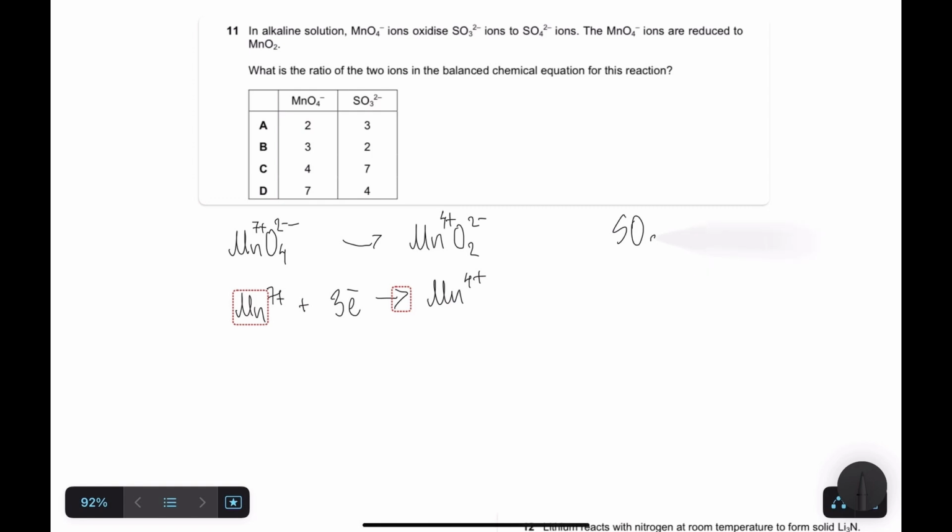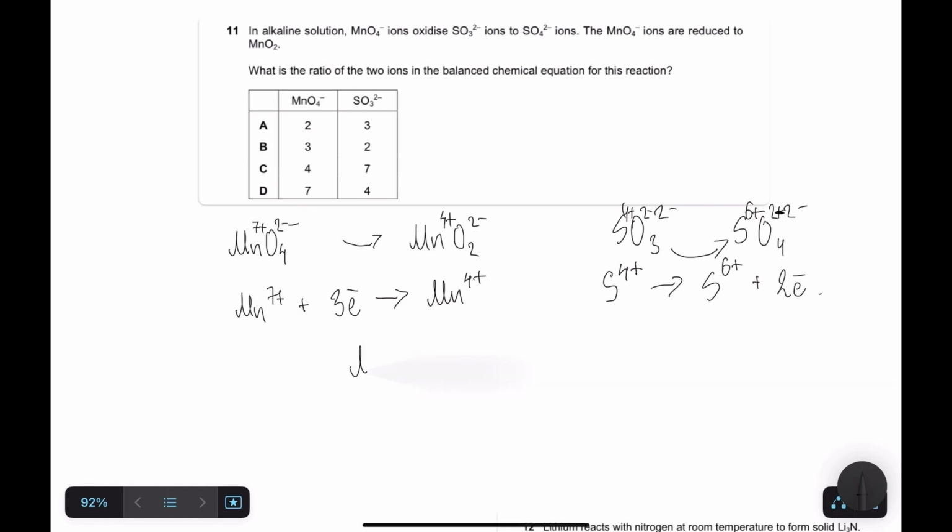SO3 2 minus has oxidation state of 4 plus sulfur, and SO4 2 minus contains oxidation state of 6 plus sulfur. Therefore, S4 plus is oxidized to S6 plus.